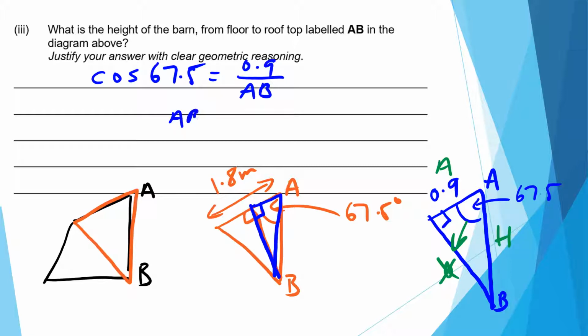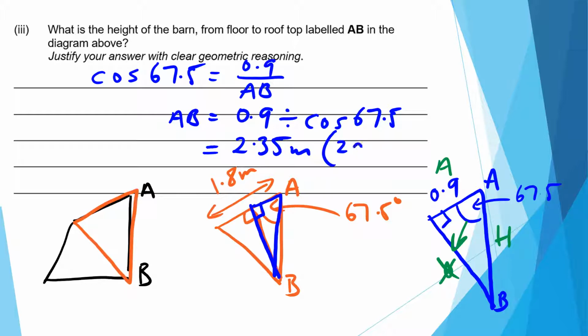So AB will be 0.9 divided by cos of 67.5. So we just need to do a little bit of arithmetic, and it looks as though AB is 2.35 meters to 2 dp.